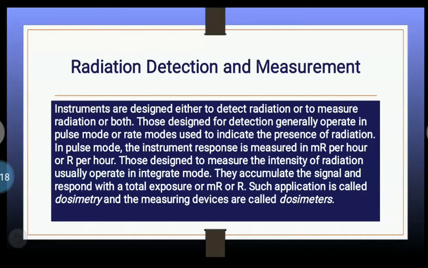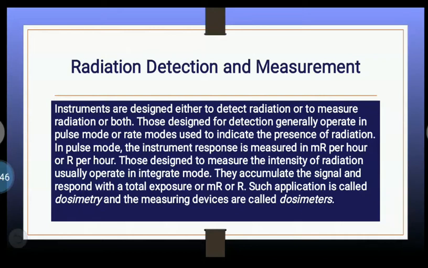Those designed for detection generally operate in pulse mode or in rate mode, used to indicate the presence of radiation. In pulse mode, the instrument response is measured in milliröntgen per hour or röntgen per hour. Those designed to measure the intensity of radiation usually operate in integrate mode.